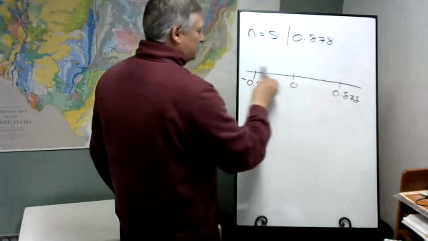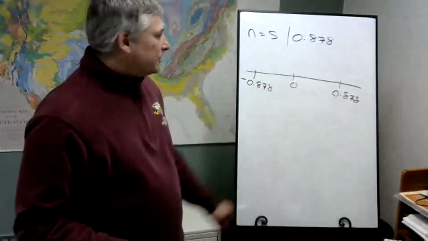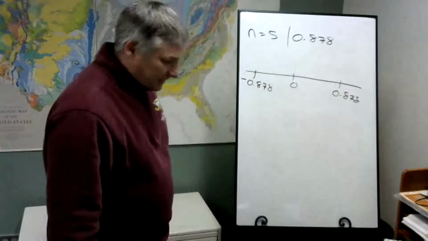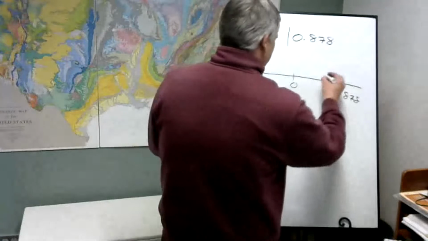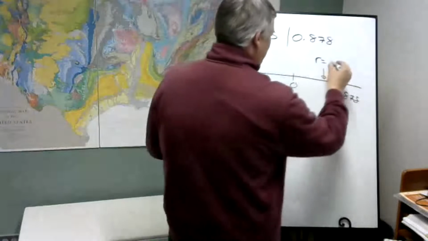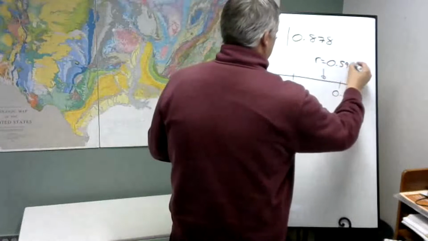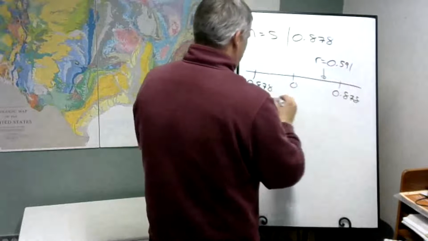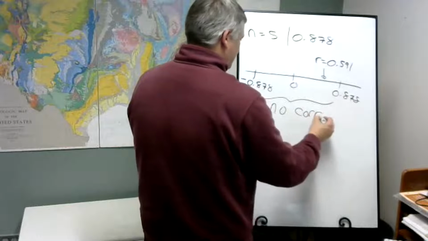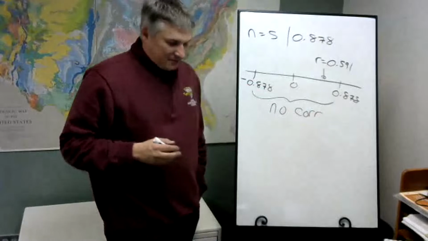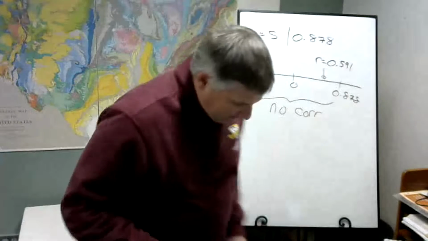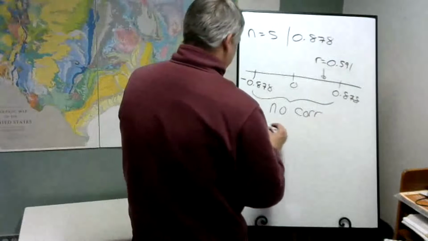This is the region between those is where there's no correlation. On the outside is where you get correlation. So our R value is, well, it's on the inside. So this is the no correlation zone. So this means that we don't have a correlation, at least using this method. So it does not appear to have correlation.